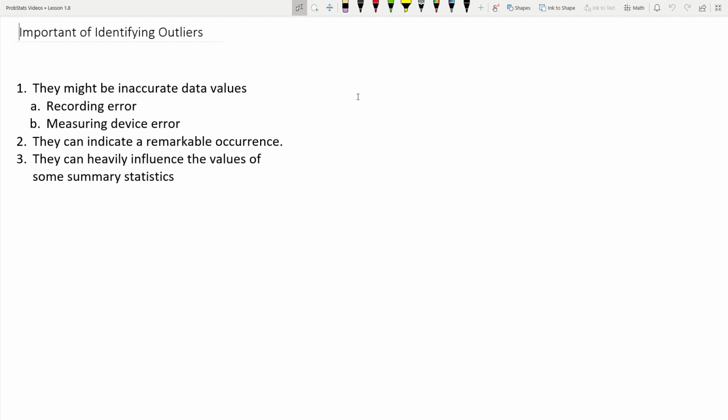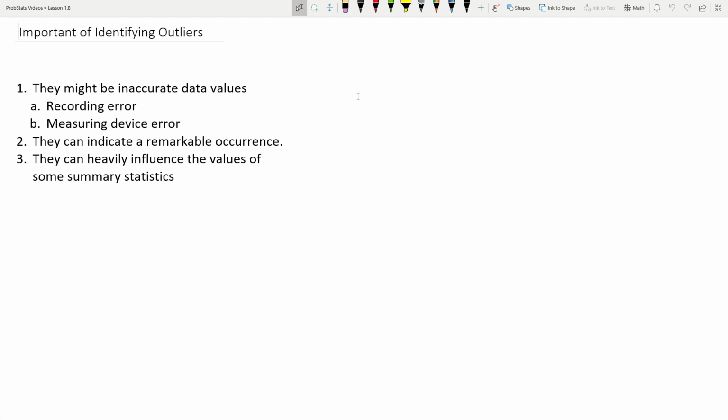In this case, it's perfectly fine by chance for him to have a value of 73 without being considered an outlier. But if you did identify an outlier, this could indicate that there might be an inaccurate data value, such as a measuring device error or recording error. And it can also indicate some kind of remarkable occurrence, just something that happened by chance.